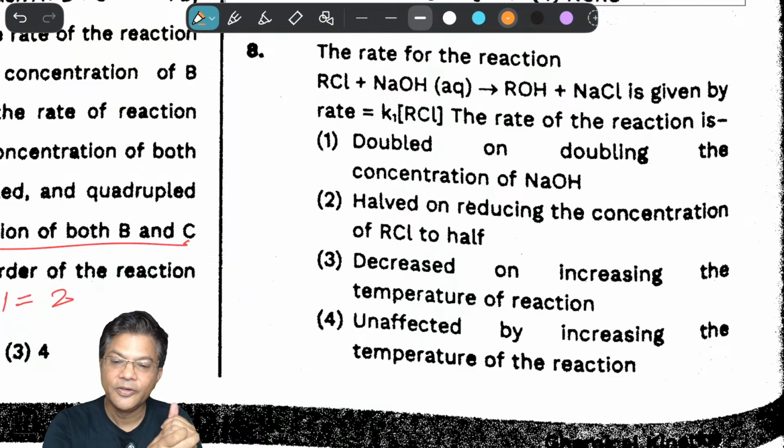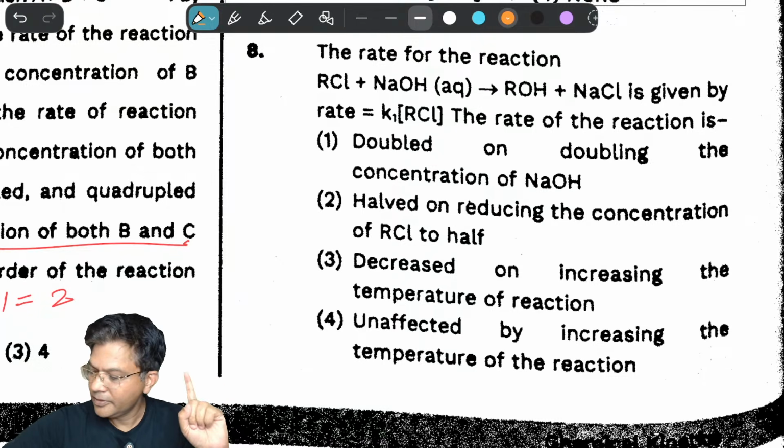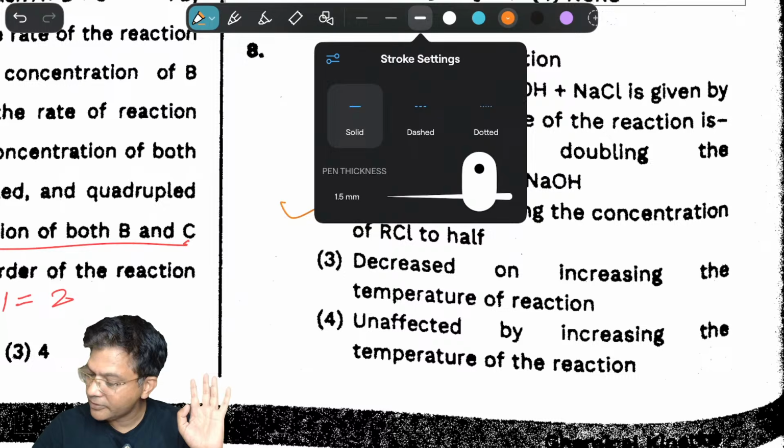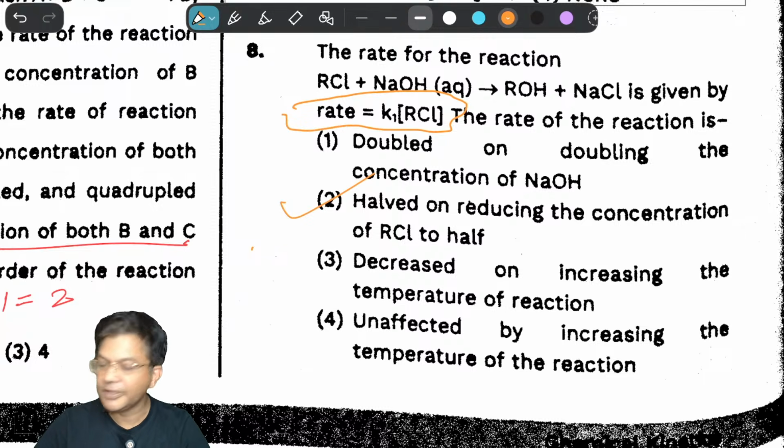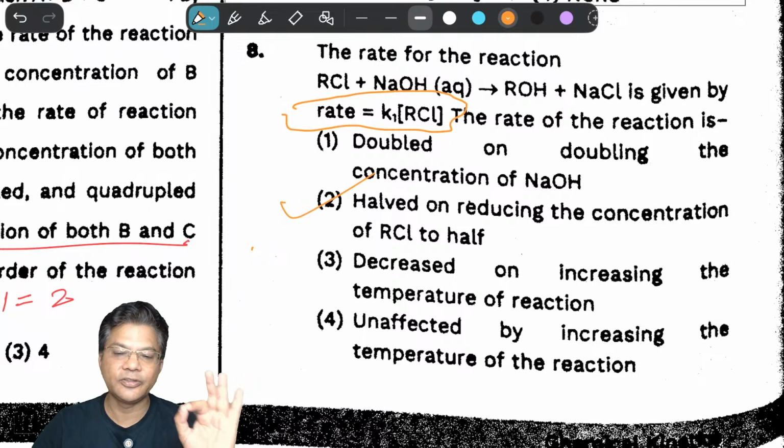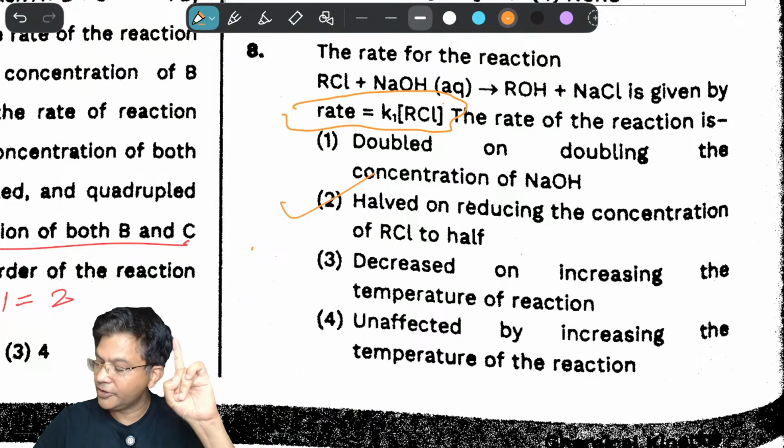Very good. So the correct answer is B. Second option, nothing to do over here. Why, kids? Because this is the rate law expression, and the rate law expression is determined experimentally.